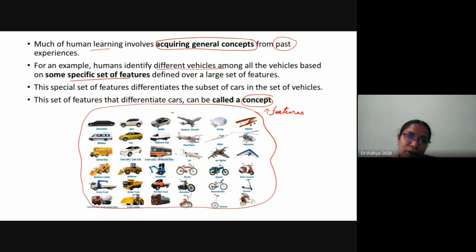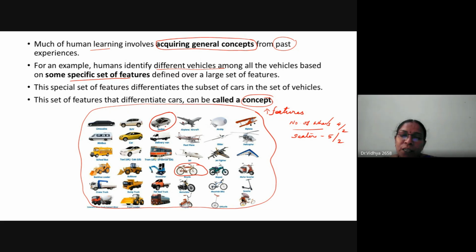For example, if you want to compare a car with a bicycle, in what way can we easily compare? In terms of number of wheels. The number of wheels for the car would obviously be 4. For a cycle, it is 2. Similarly, seaters: a car may be a 5-seater, but a cycle may have 2 seats.